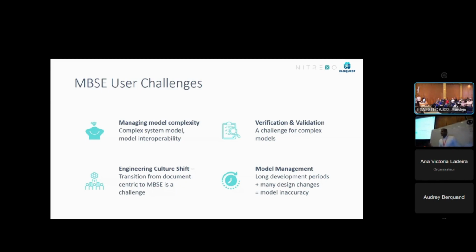So managing model complexity. As you know, a spacecraft is very complex, so the system model is complex, right? But also the interoperability between different subsystems, right? Because in fact, different methods, tools, but also best practices have been used to develop the different subsystems.